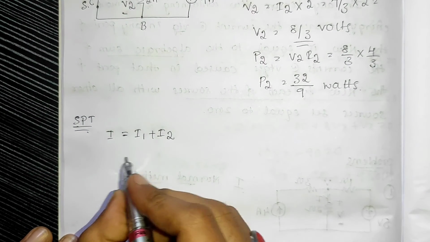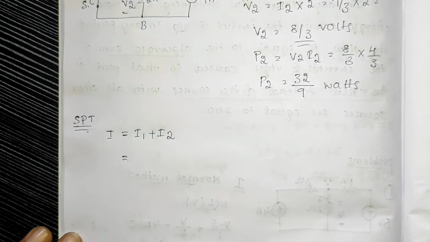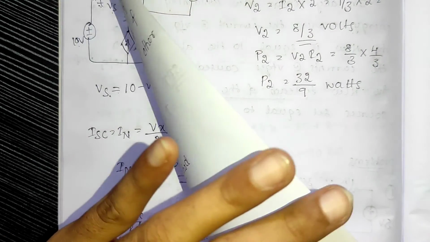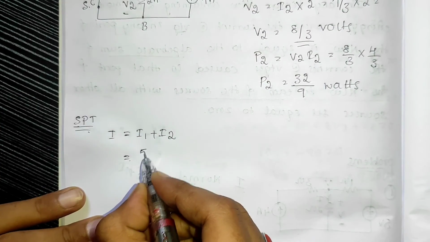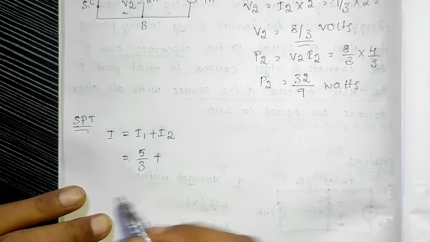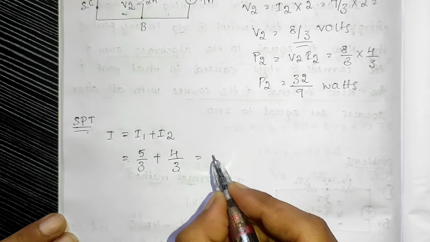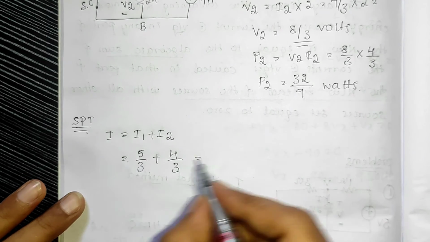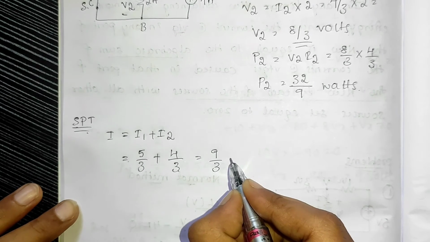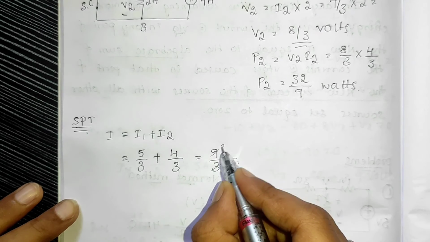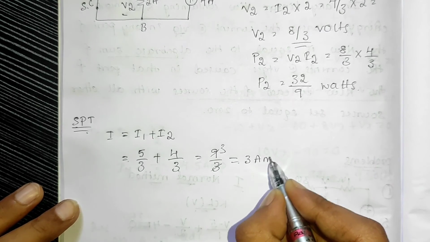Here the I1 current is 5 divided by 3 plus I2 4 divided by 3. So that is equal to 9 divided by 3, so 3 ampere.